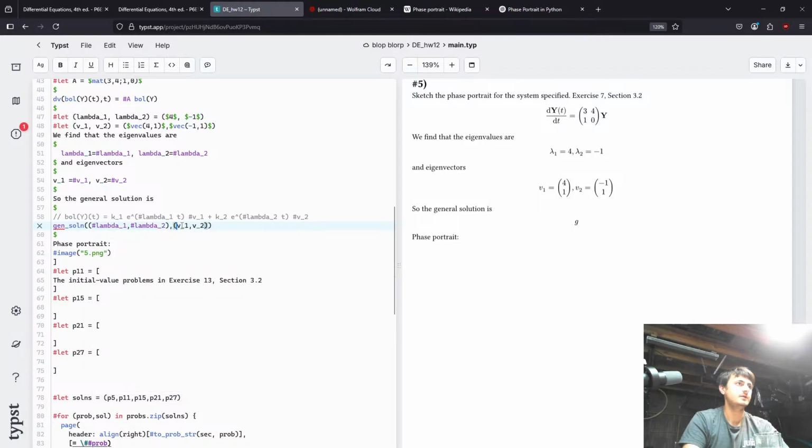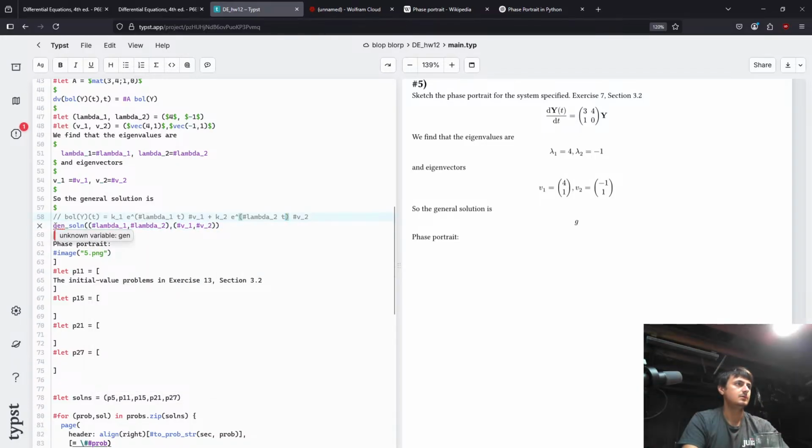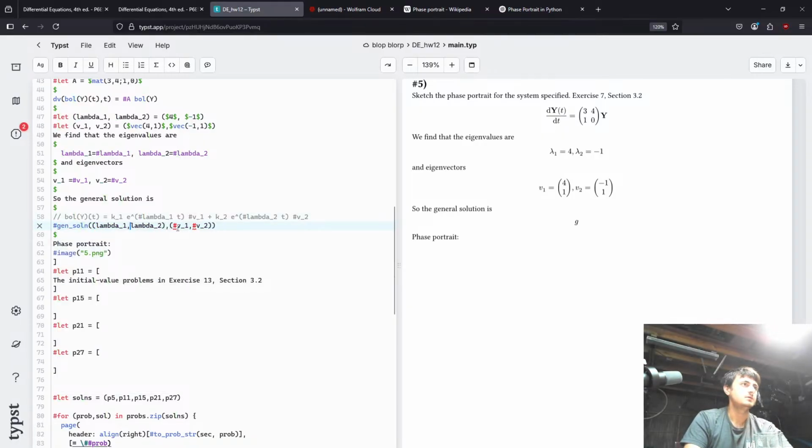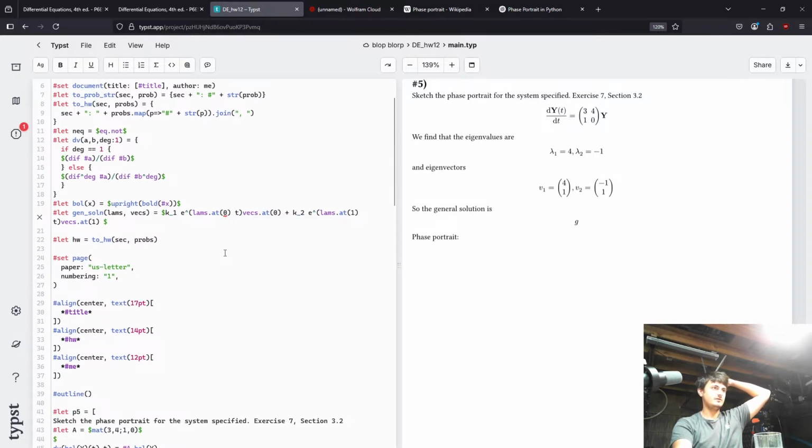Why does it need to be an integer? I don't even understand why that's the case. What? Arrays have to be of... No, what? That's not true. You can have an array of anything.